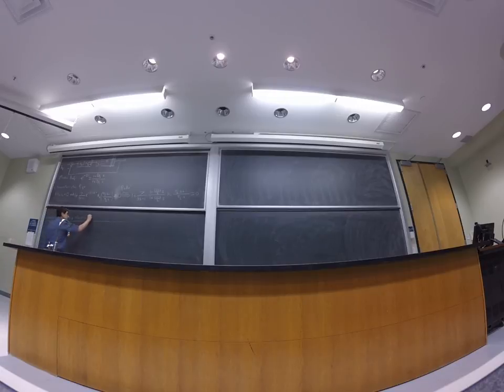Then we have Kc, and then we have tau I s plus 1. So we have a ratio equal to 0. That means the numerator has to be equal to 0.